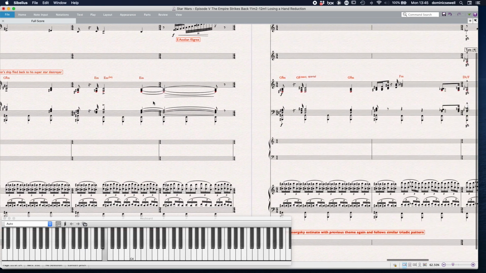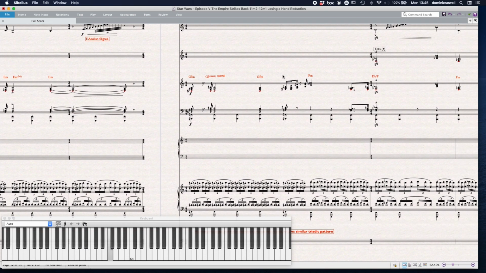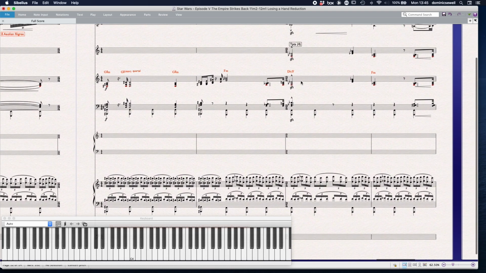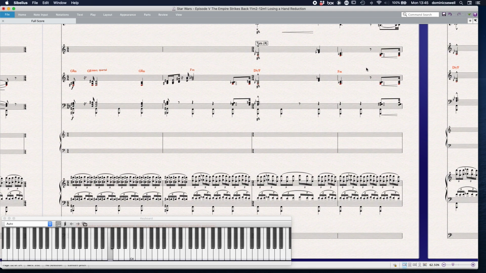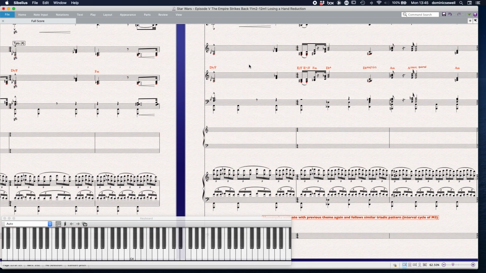So you can see all of that sort of major third. Then it goes back up. Then it goes into that minor third. But then it goes back to major third. Up to major third. Back to major third. Minor third. Except here we have an F in the bass.